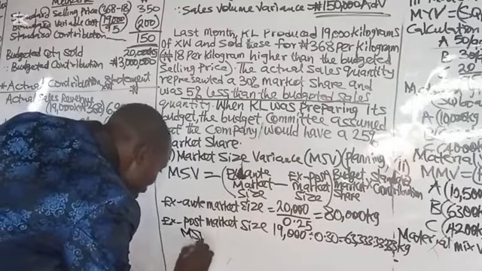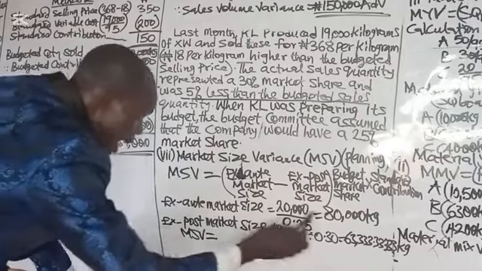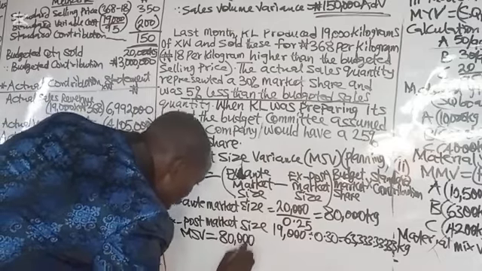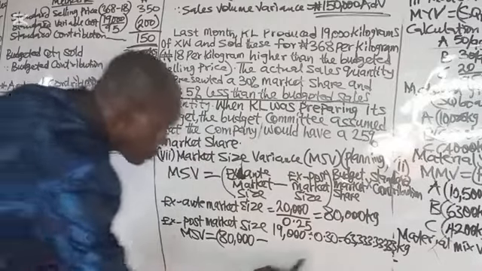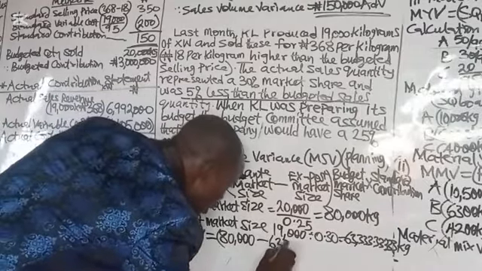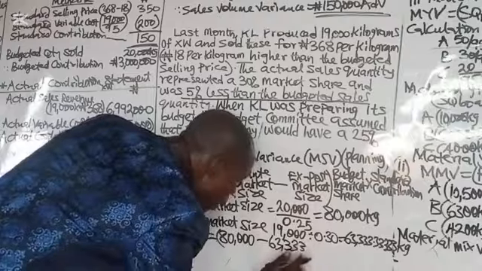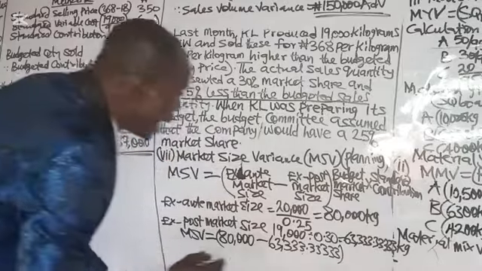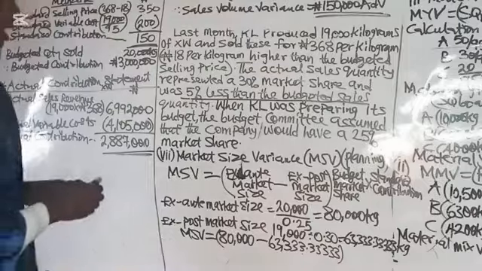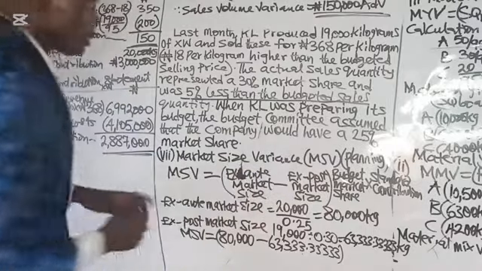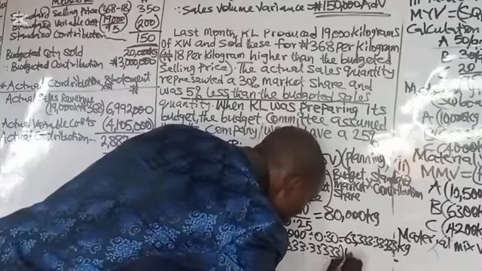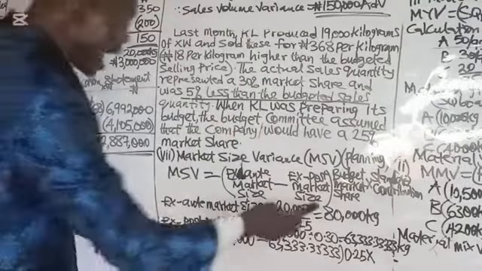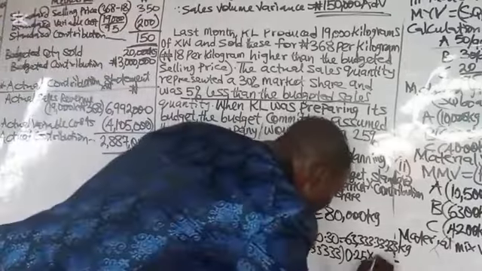Therefore, market size variance. We say it is S and T, and the S and T is 80,000. 80,000 minus exposed 63,333.3333, multiplied by budget market share, which is 25%, or 0.25, multiplied by standard contribution, and we got our contribution to be 150 naira.